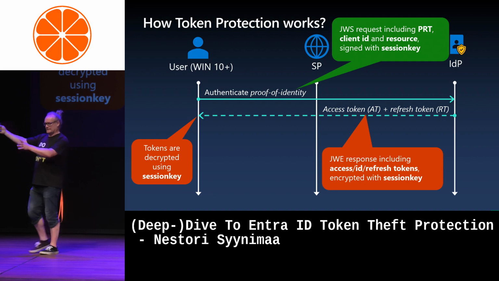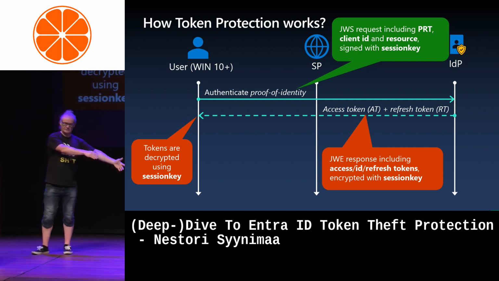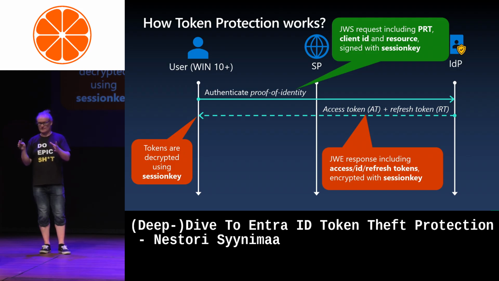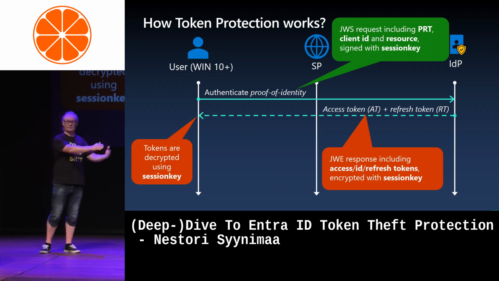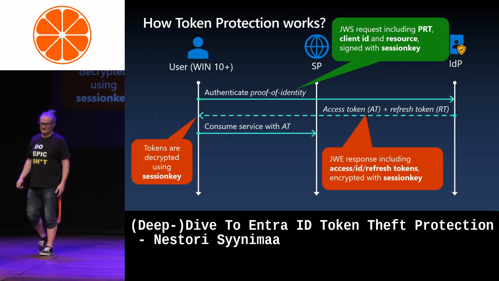But when that JSON Web Encryption container comes to your endpoint, it automatically decrypts it, which means that the access tokens inside that encrypted container are now unencrypted in your endpoint. And then you use that to access services.